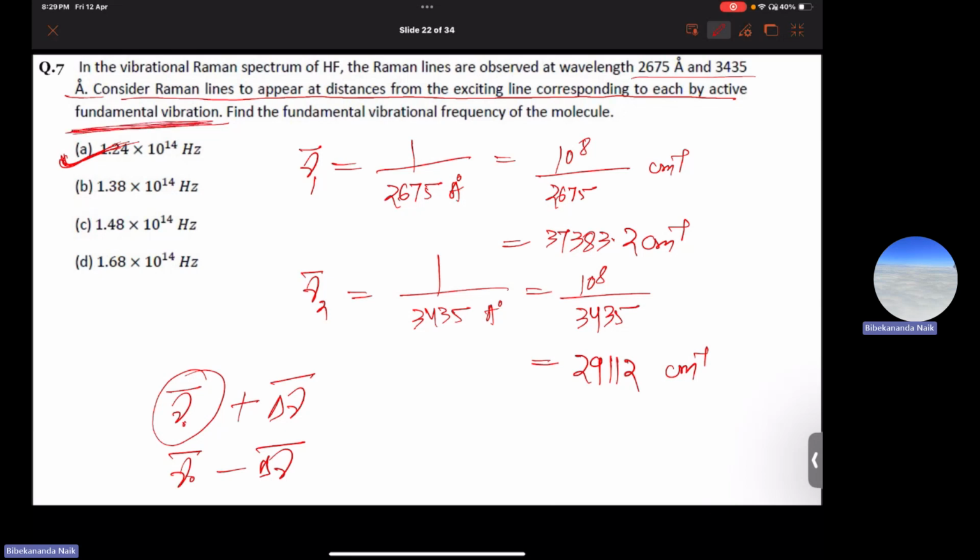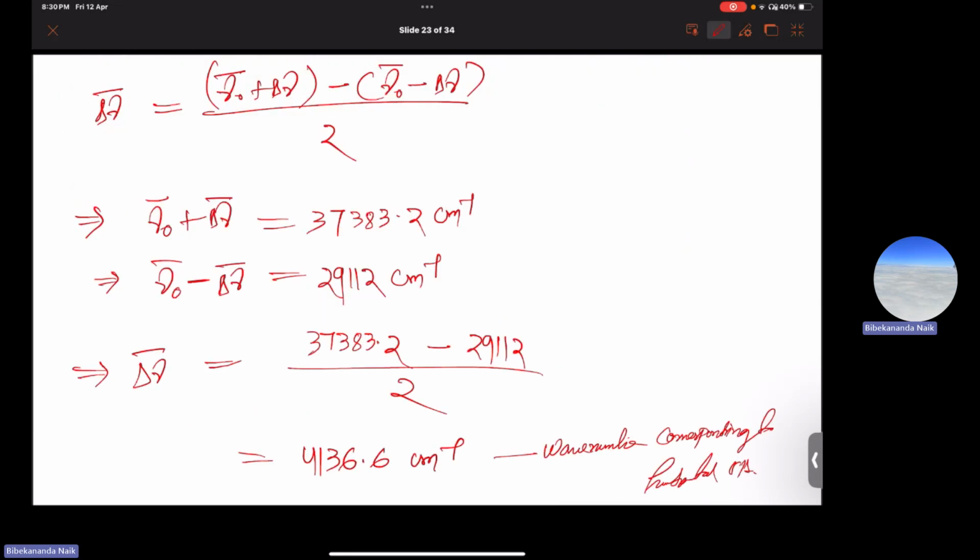So the difference between the two positions, the exciting line and the Raman line, corresponds to the fundamental vibration. First we obtain the wave number corresponding to the two wavelengths. Then we know that of the two lines, one is at a higher and another at a lower wave number. To calculate the Raman shift, it will be higher minus lower divided by 2, because the formula is like this.